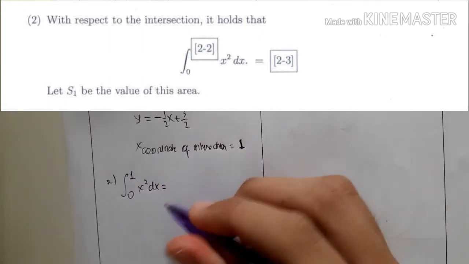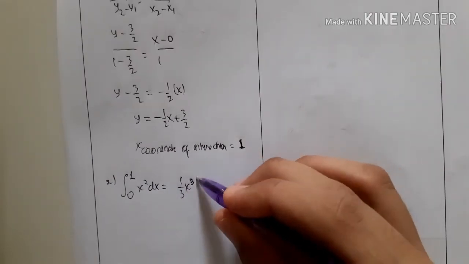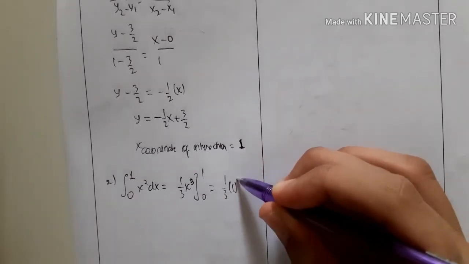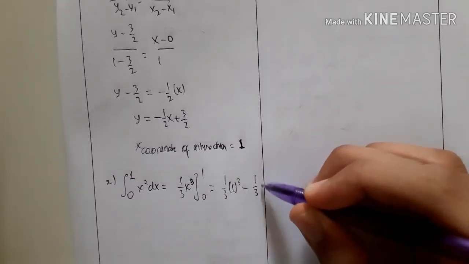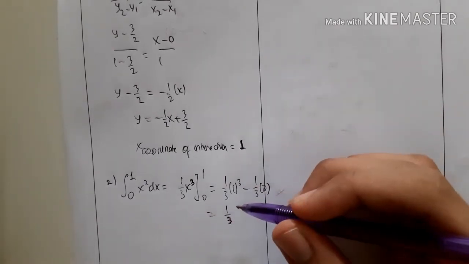We just calculate this integral, which becomes 1/3 x cubed with limits 0 to 1, so that is 1/3 times 1 cubed minus 0, which is 1 over 3. So that is the answer for 2, 3.